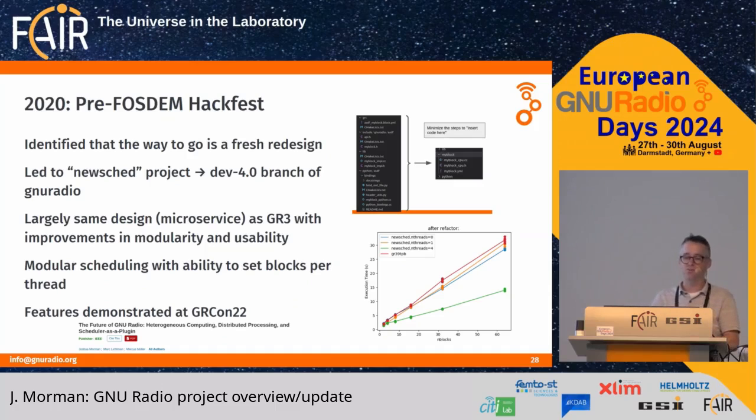And so this led to what we had called for a long time the New Sketch project. It eventually became the Dev 4.0 branch on GNU Radio. This was generally the same design as GR3, just broken up, more modularized, and then some improvements in usability as well.